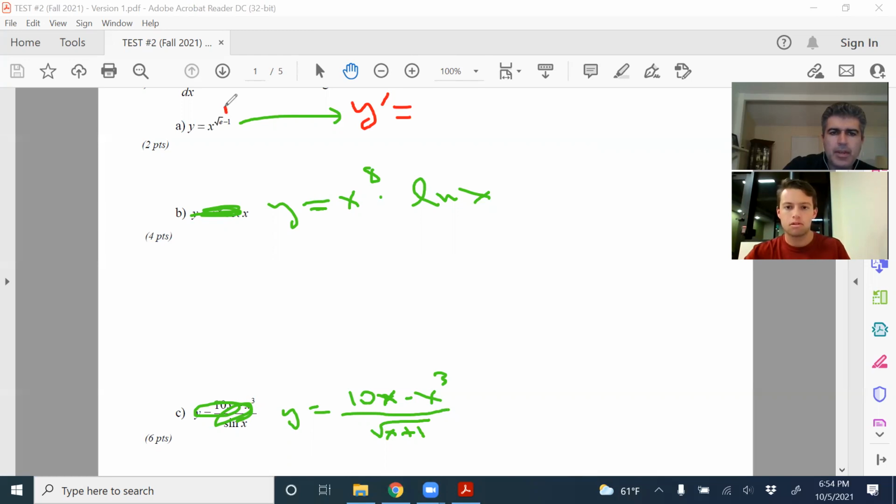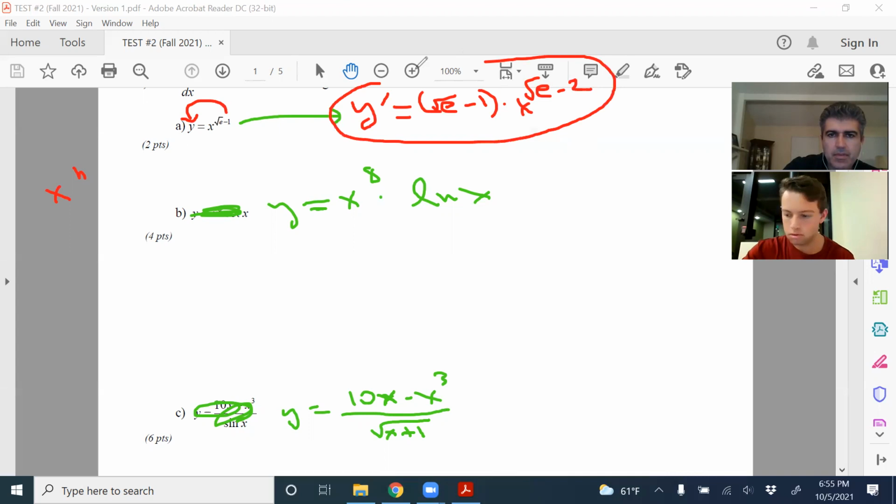All you're really doing is a power rule, because your exponent is just a constant. So you just move the exponent to the front, and then times x, and just drop your exponent by 1. That's it. So y prime equals.